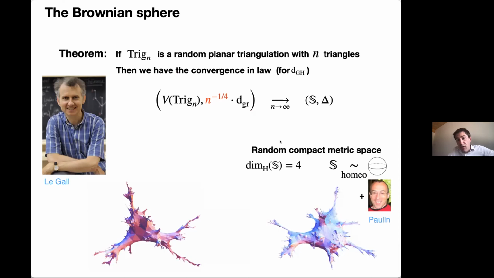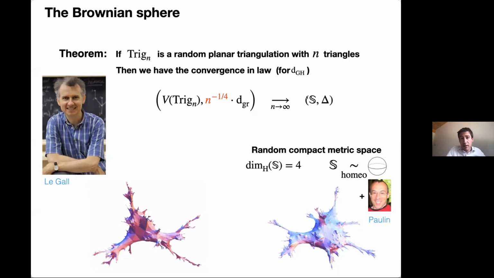It is a random compact metric space whose Hausdorff dimension is almost surely 4, but which is almost surely homeomorphic to the two-dimensional sphere. So the topological dimension is 2 and the fractal dimension is 4. This is a theorem of Jean-François and Frédéric Paulin back in 2006.